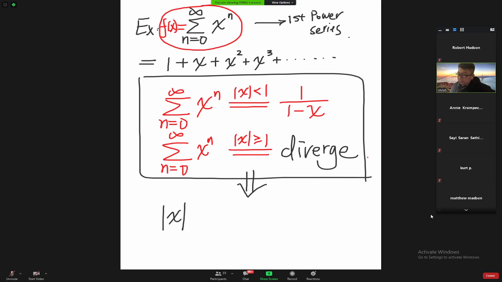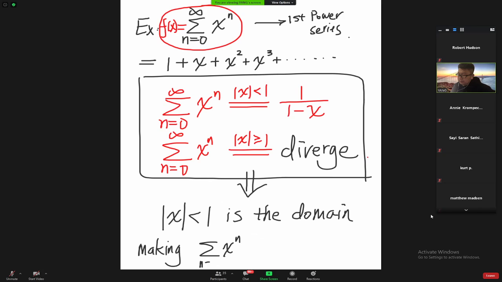And this also means the following easy statement: x less than 1 is the domain making the series converge. Do you agree? I'm just restating my words, okay? x less than 1 is the domain making the series converge, right? Of course.